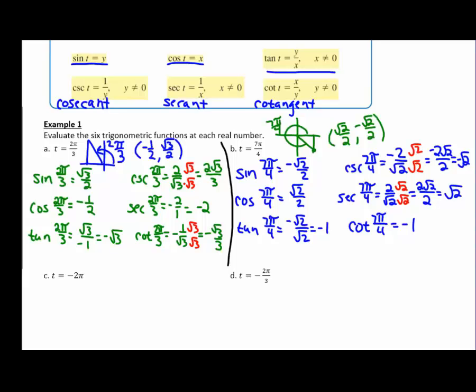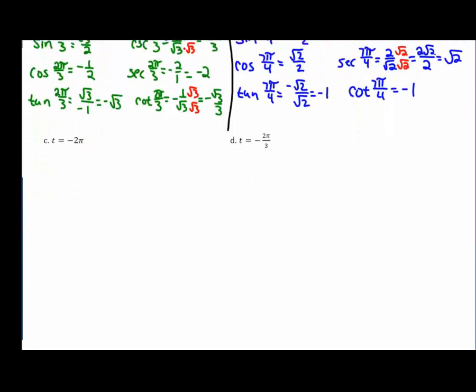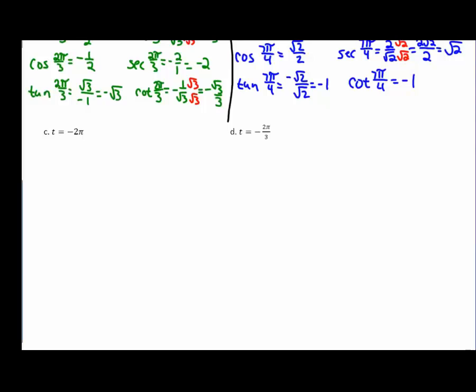All right, let's take a look at part C, where our angle measure is negative 2 pi. So if we draw that angle, we're going counterclockwise. I'm sorry, we're going clockwise because it's a negative angle, and we're landing right back on that x-axis. And so that point there is going to be the point (1, 0).